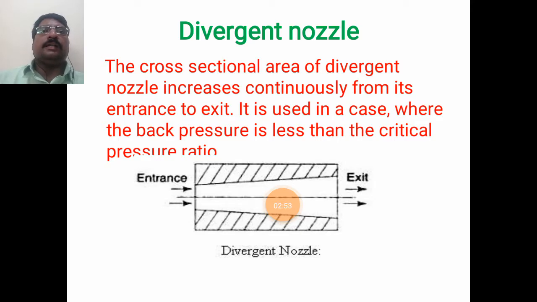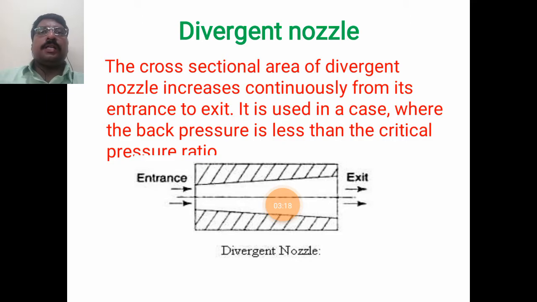Here the cross section area gradually increases from entrance to the exit. So the cross sectional area of divergent nozzle increases continuously from its entrance to the exit. It can be used where the back pressure is less than the critical pressure ratio.